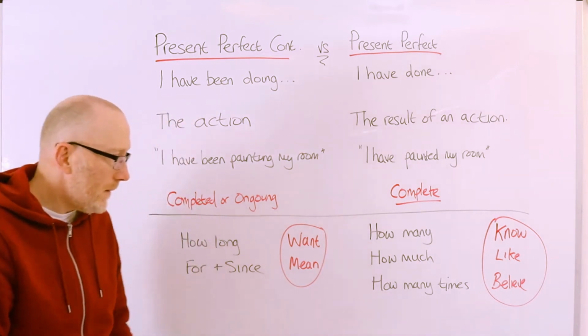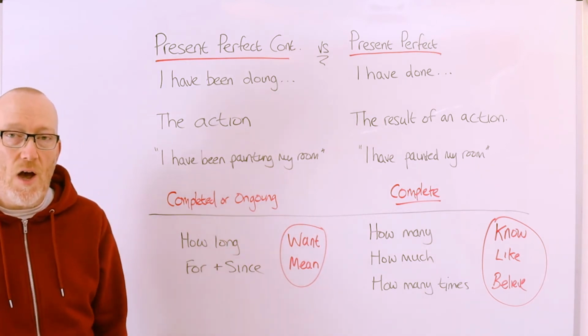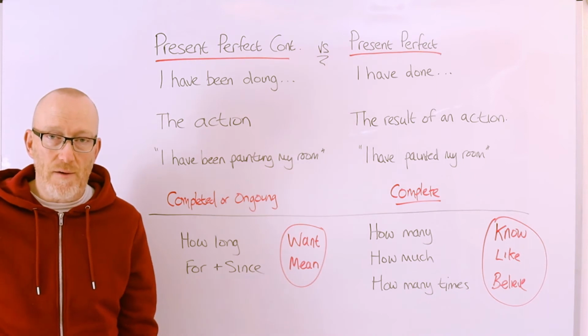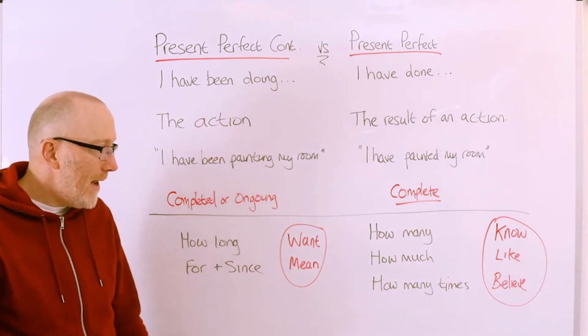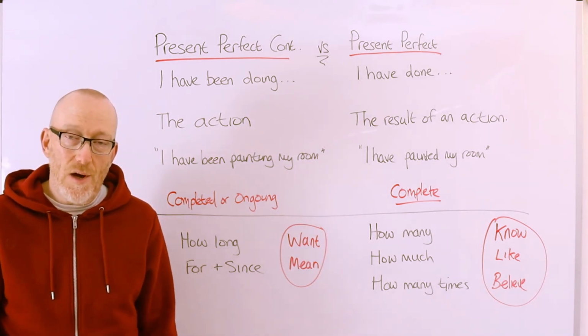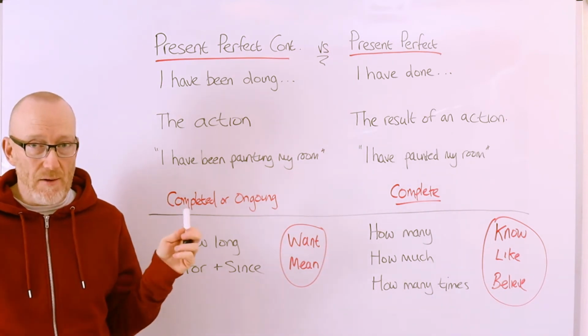So I hope this gives you a good understanding of the main differences between present perfect continuous and present perfect simple. Now, before we finish, there are some verbs which we cannot use in present perfect continuous.